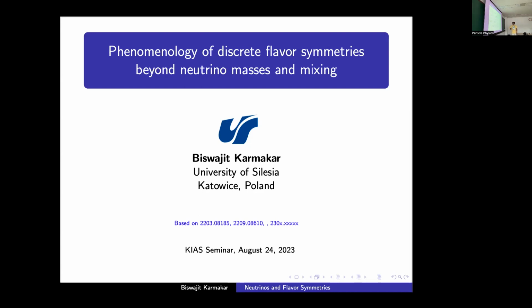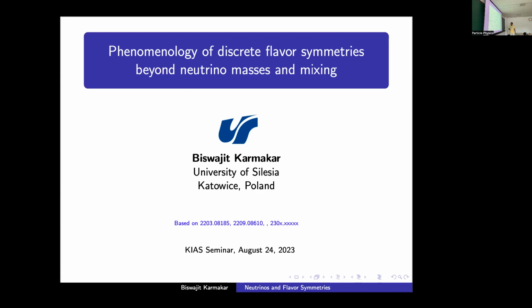Now, as I have mentioned, this was not the case around 10 years ago, when theta 1,3 was considered to be 0, and if you consider theta 2,3 to be exactly 45 degrees, which is still true today, you can have a simple mixing matrix from the standard neutrino mixing matrix. Then you can see that this matrix is only a function of theta 1,2.